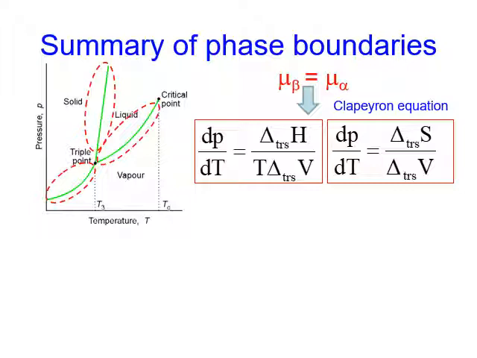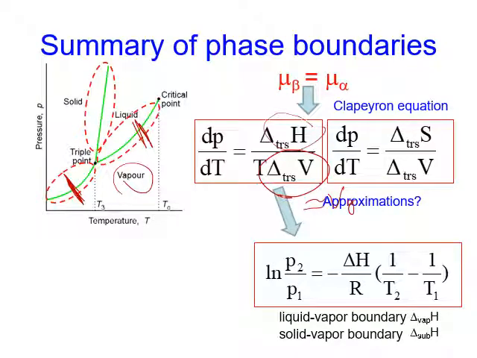The solid vapor phase boundary and liquid vapor phase boundary both involve the vapor phase. We can make the assumption that the volume change is approximated by the volume of the gas, which obeys the ideal gas law, and the enthalpy change is constant. Based on this assumption, we derive the classic Clapeyron equation.